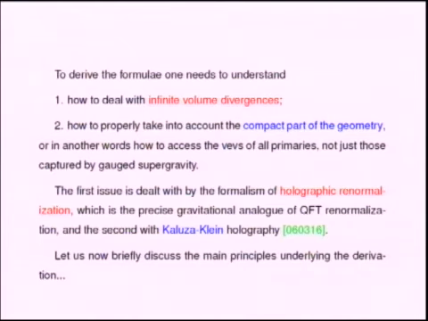This is consistent with the identification with the CFT, because the infinite volume divergences are related to the UV divergences of the conformal field theory. So the fact that we need to regulate and renormalize these divergences is related to the renormalization that we would have to do in the conformal field theory. We have to take this into account properly.